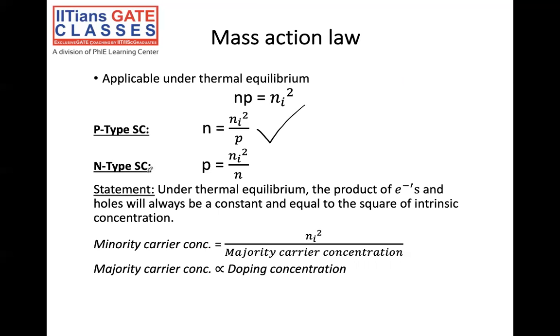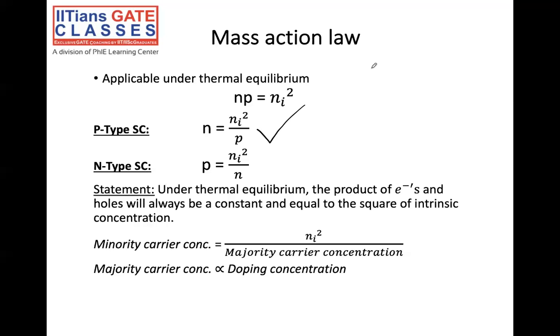In n-type semiconductor, the minority carrier is hole, and hole concentration will be equal to Ni square divided by N. So the statement for mass action law is: the product of electron and hole concentrations is always a constant and is equal to the square of the intrinsic carrier concentration under thermal equilibrium. Remember, this is applicable only in thermal equilibrium.